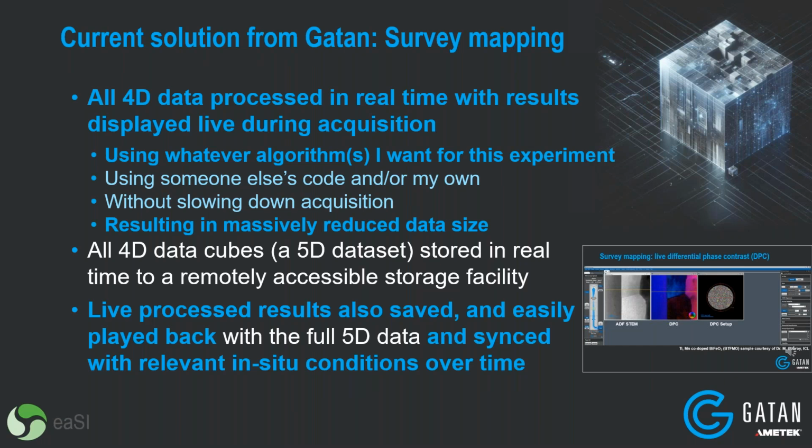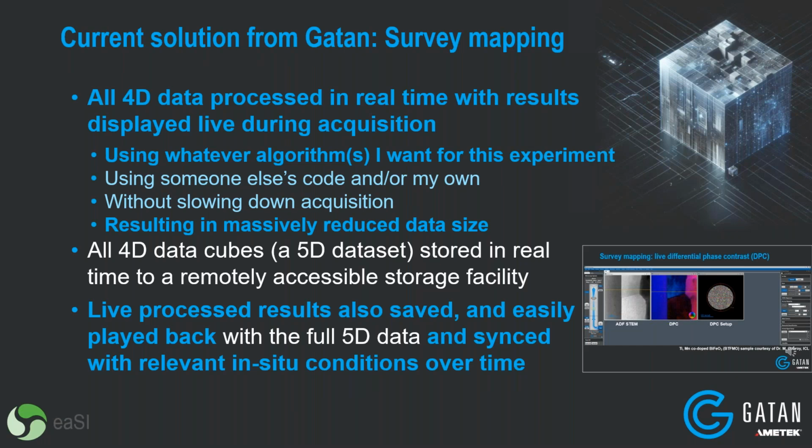Without slowing down acquisition would be very nice, and sometimes this is possible, right? In the data set that I'll show today, I believe we didn't slow down the acquisition just because of the processing, but this really depends on the type of processing you're doing, as well as the speed of the camera that you're using, how fast the data is coming in, and what PC you're using to do the processing.